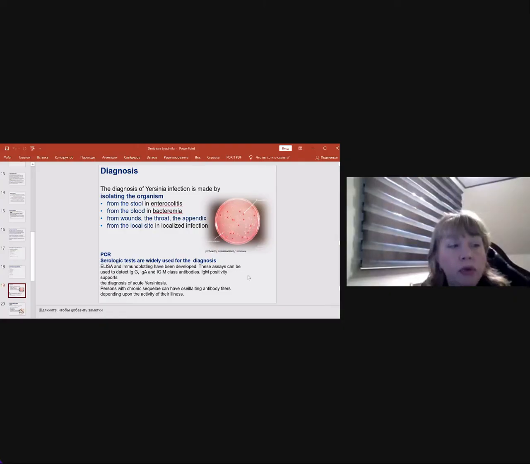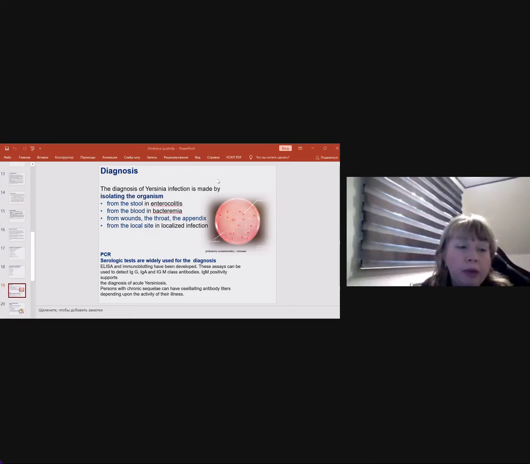The standard for diagnosis: stool is the preferred clinical specimen for patients with intestinal symptoms. Stools often remain culture positive for weeks after acute infection.